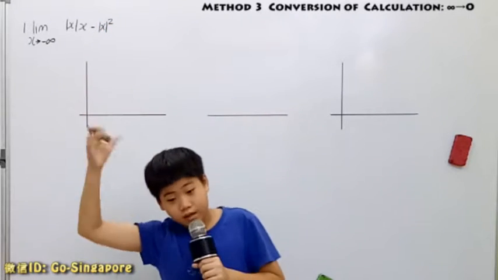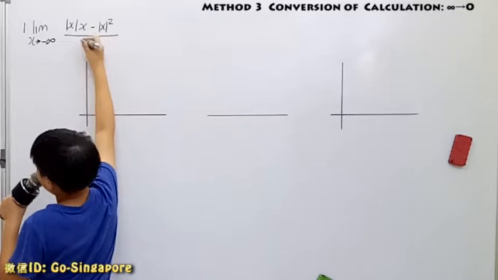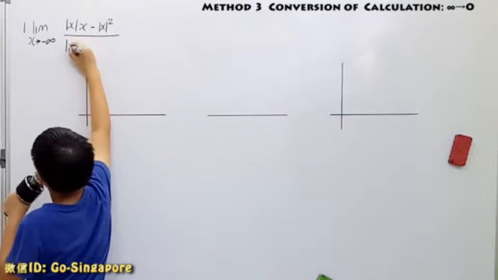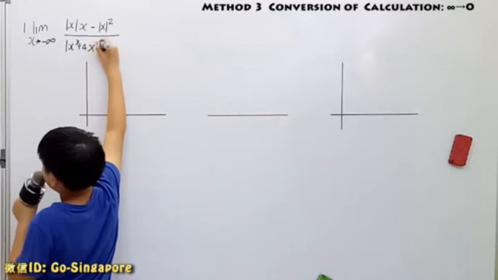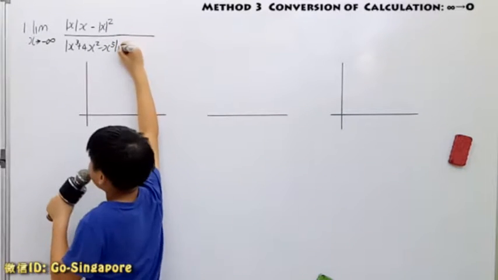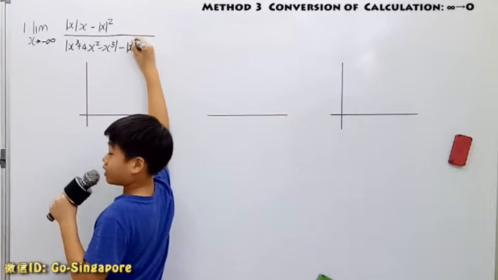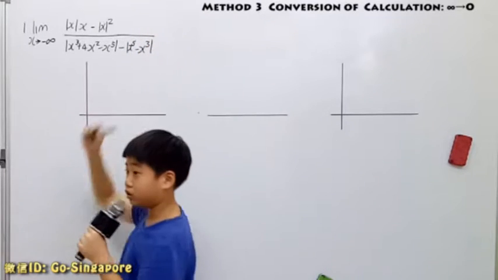Remember, the square is outside that modulus. Then over here, modulus of x cubed plus 4x squared minus x to the power of 5, then minus modulus of x to the power of 5 minus x cubed.